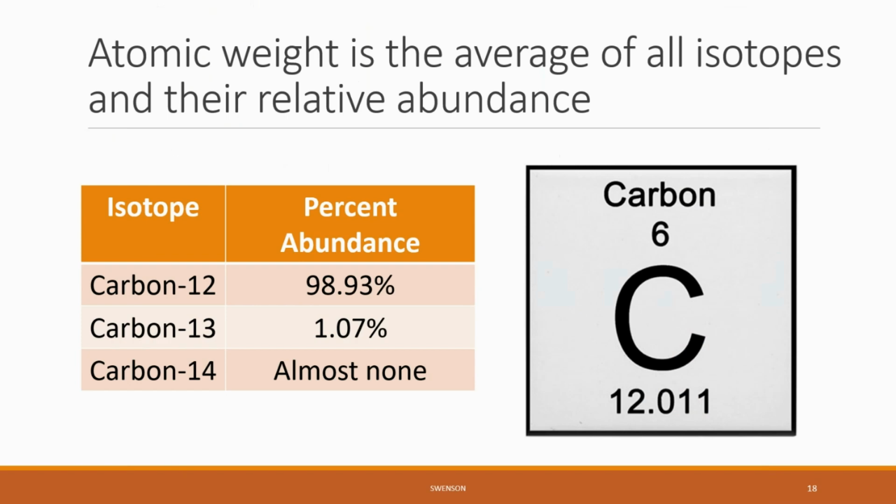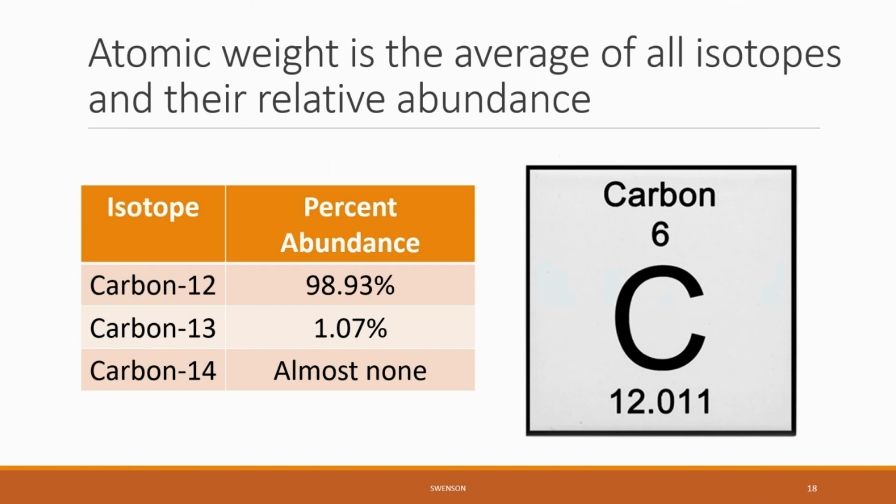The atomic weight is the average of all isotopes and their relative abundance. Again, the atomic weight for carbon is 12.01, 12.011 if you extend it out an extra digit.